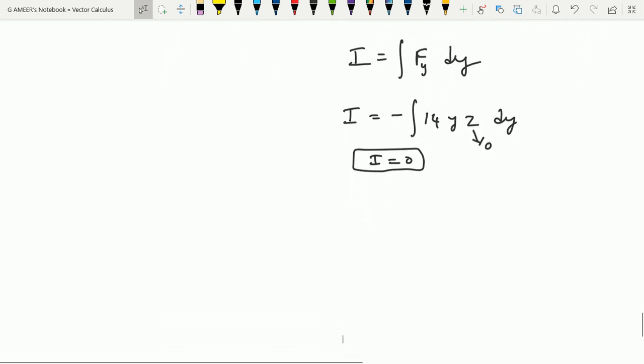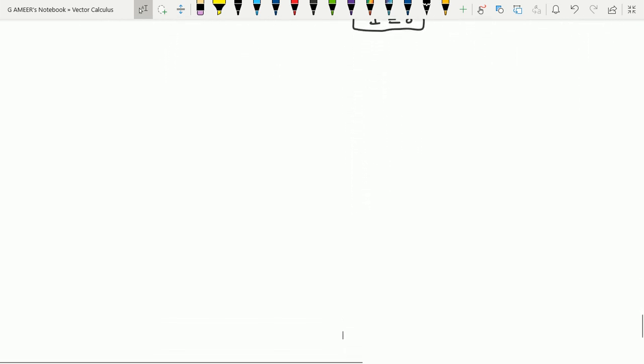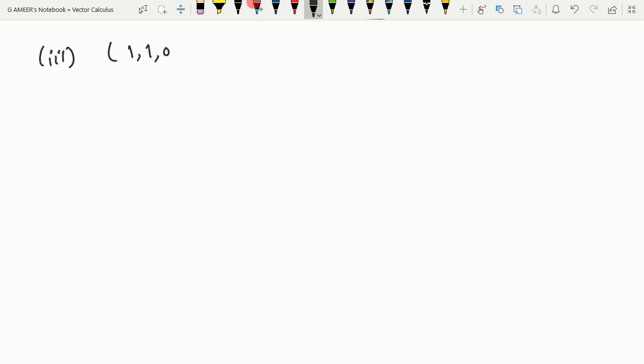Then go for the third one. The third one will be from 1, 1, 0 to 1, 1, 1. So x is 1 and 1, x is equal to 1, that implies dx is equal to 0.